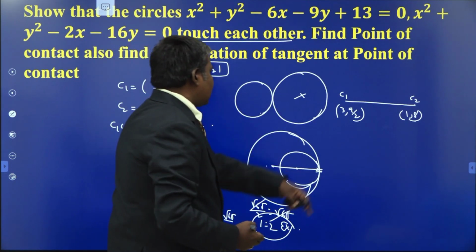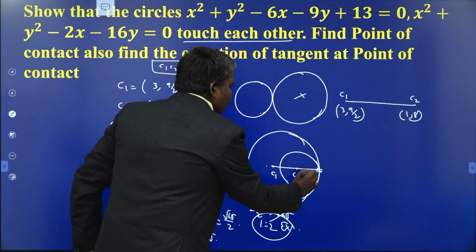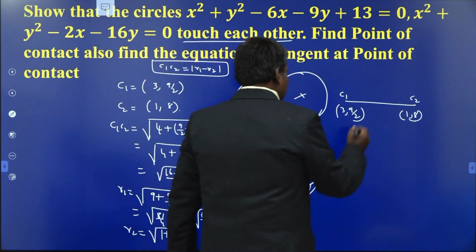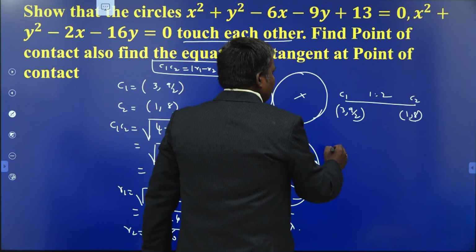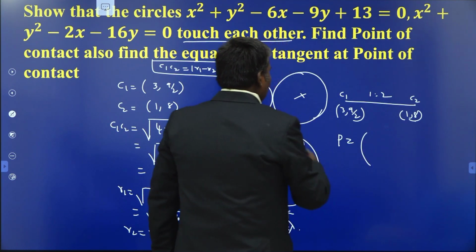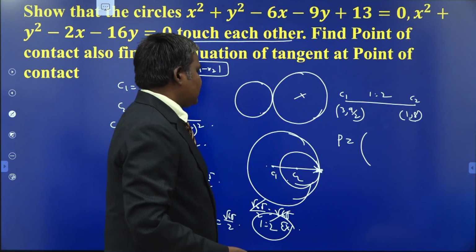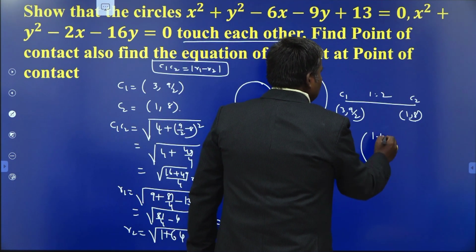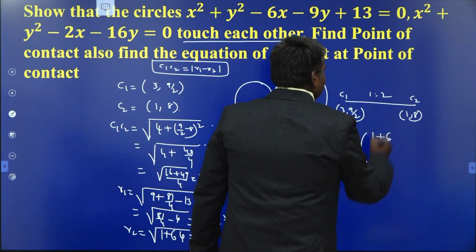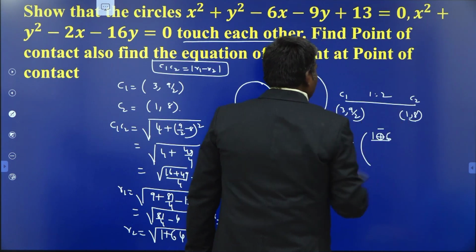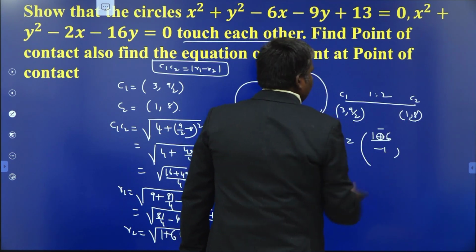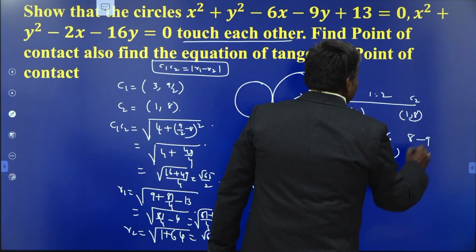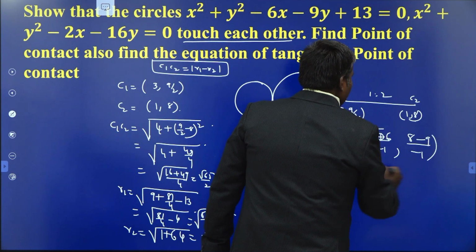Your point is external to the centers C1, C2. So you have to write the external point of contact, that is 1 is to 2 ratio. So your point of contact P, which is outside both the centers C1, C2, is obtained by 1 into 1, 1 plus 2 threes are 6 by, that is external so we have to write minus 1, minus 2, that is minus 1, and 1 into 8, 8, 2 into 9 by 2, that is 9 by minus 1 you have to write.